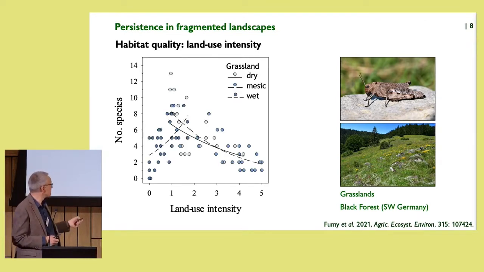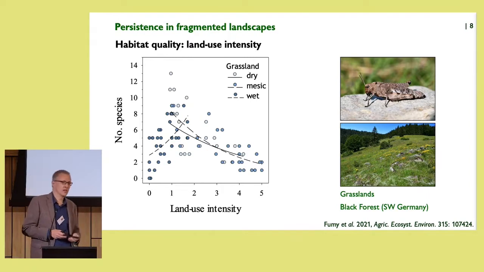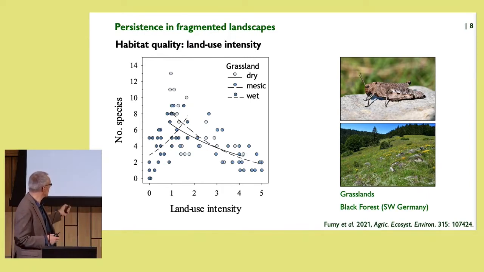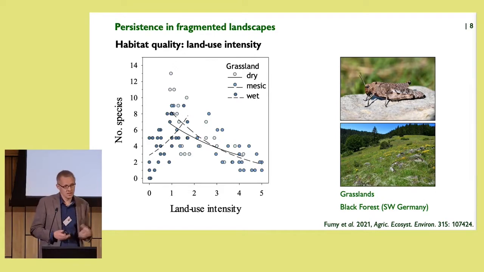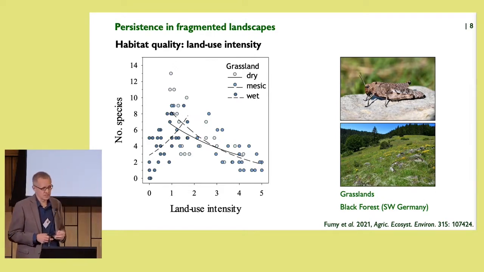We studied dry grassland, mesic grasslands, and wet grasslands, and species richness peaked in those grasslands with a relatively low land use intensity. It was the same in all three grassland types. Low intensity land use is quite important for many species, and that is also one reason why we lose so many species, because we don't have these patches with low land use intensity.